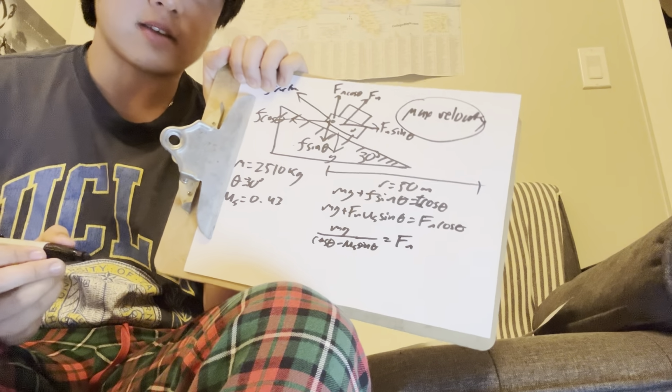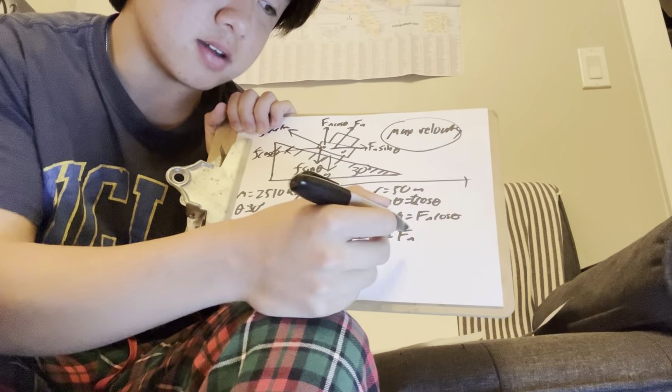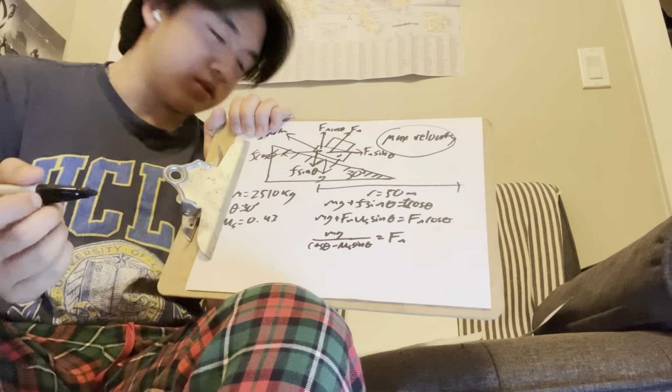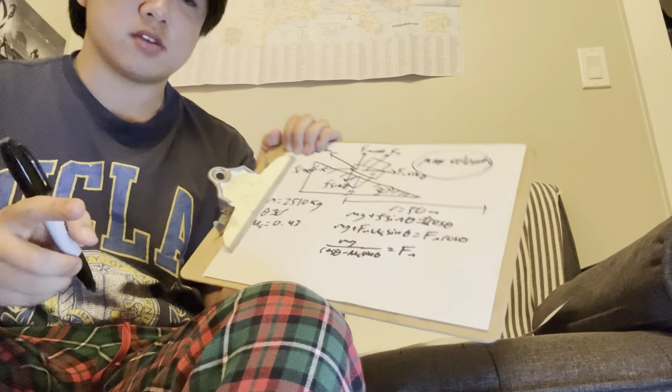Wonderful. So that's our vertical components balanced out, and now we have something we can substitute in for our normal force, which is great because now we have to move on to our horizontal forces.